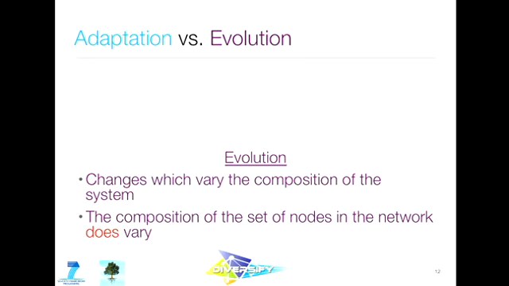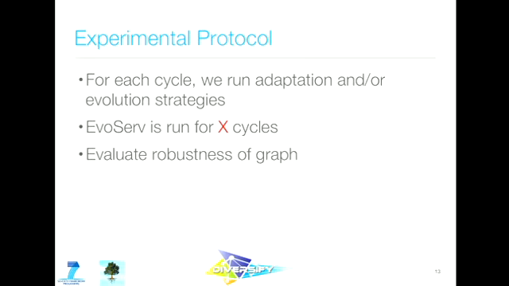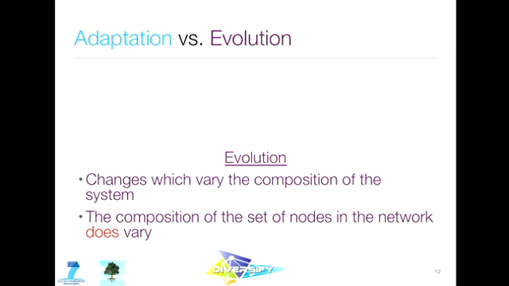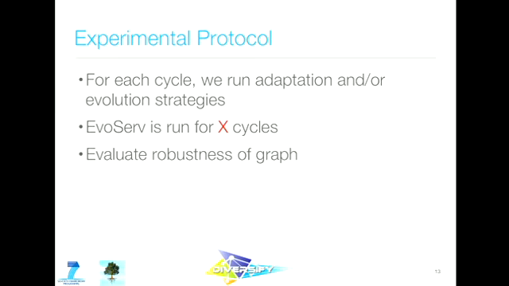Okay, so now that I've explained that, I'll explain our experimental protocol. I'll come back later and explain what adaptation and evolution strategies we look at. But first, a brief review of our experimental protocol. We have this graph full of different software systems, providers and consumers, and the services they provide.